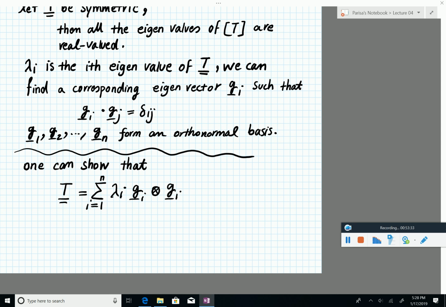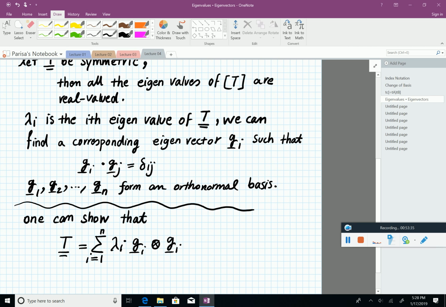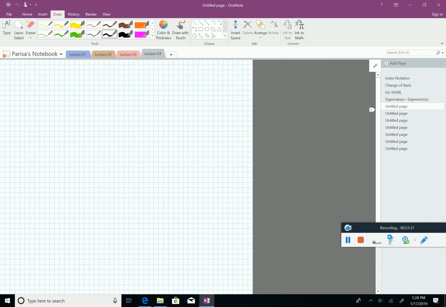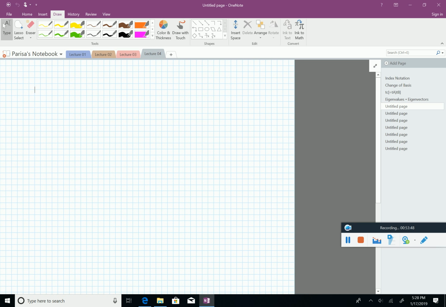Okay. And the last thing before moving to gradient and divergence is there are some important quantities associated with a tensor, and these are the principal invariants. So let's write those down also to have it in your notes.